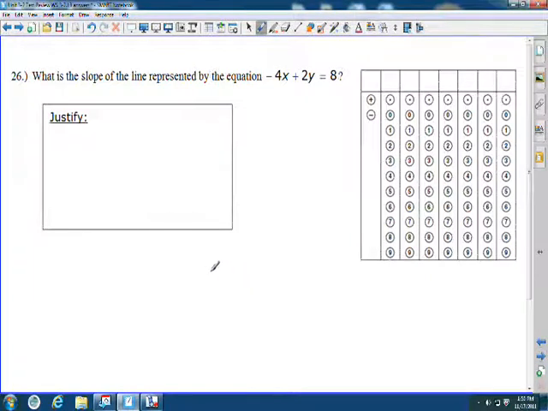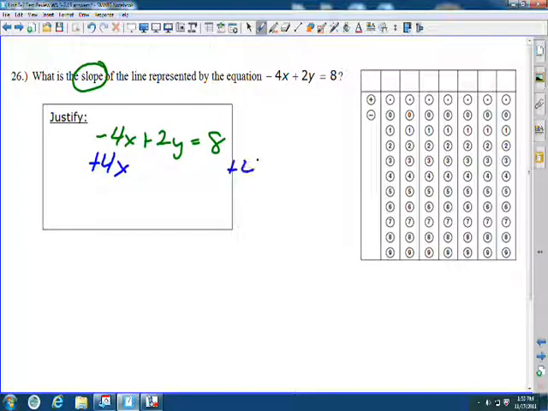Next, it wants to know the slope of the line. To find the slope, we need to solve for y. Negative 4x plus 2y equals 8. I will add 4x to each side. I get 2y equals 4x plus 8.